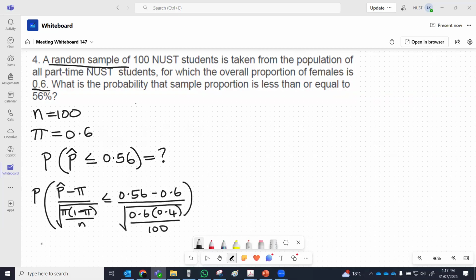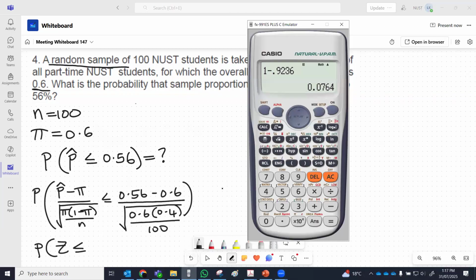Okay, then this we work out on our calculator. This transformation is Z, so Z is less than or equal to 0.56 minus 0.6 over the square root of 0.6 times 0.4, or you can just still write it 1 minus 0.6, doesn't change anything.